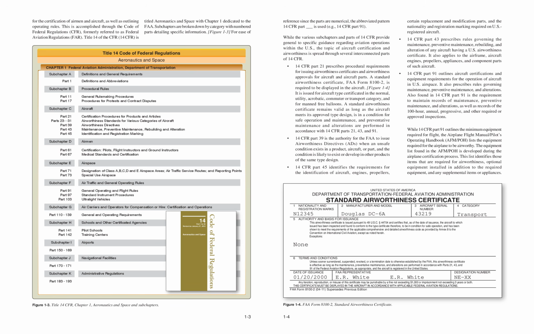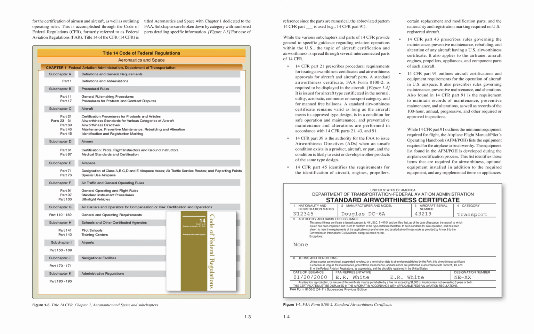General and operating requirements. 14. Part 1 to 59. Revised as of January 27, 2012. Aeronautics and Space. Subchapter H. Schools and other certificated agencies. Part 141. Part 142. Pilot schools. Training centers. Subchapter I. Airports.